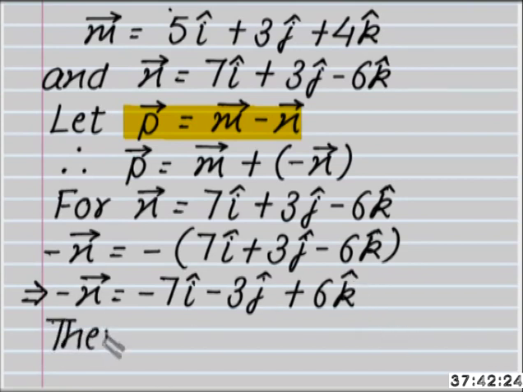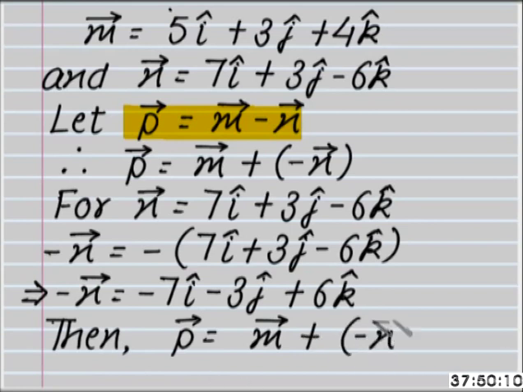Then the vector p, which is equal to vector m plus additive inverse of vector n.